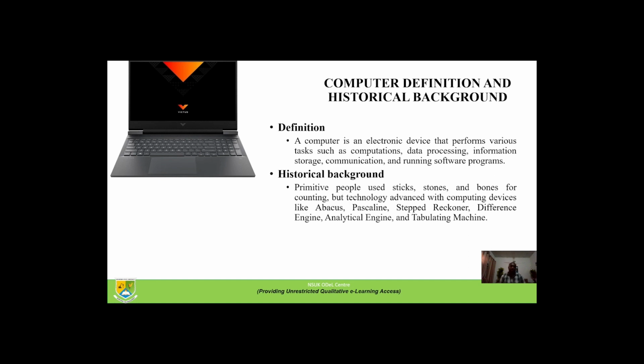But of interest among those mechanical devices is the analytical engine, which has the blueprint of a modern computer. The analytical engine actually earned its inventor the name father of the computer, making reference to Charles Babbage.